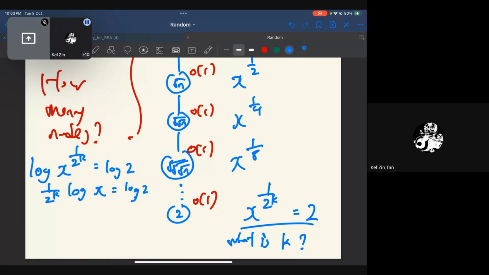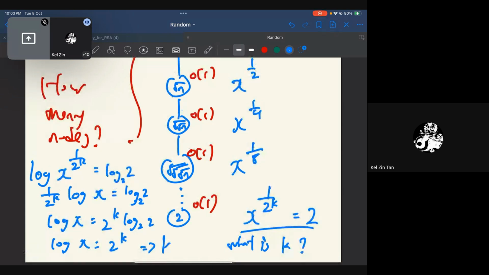So I multiply this over. Let's just assume that we're doing log 2, so this is equal to 1. So log of x is equal to 2 to the power of k, log 2, which is equal to 1. So what does this mean? You again take log on both sides, then you get that k is equal to log x.